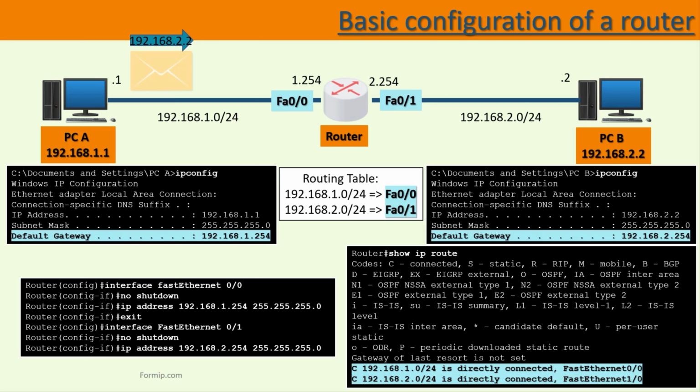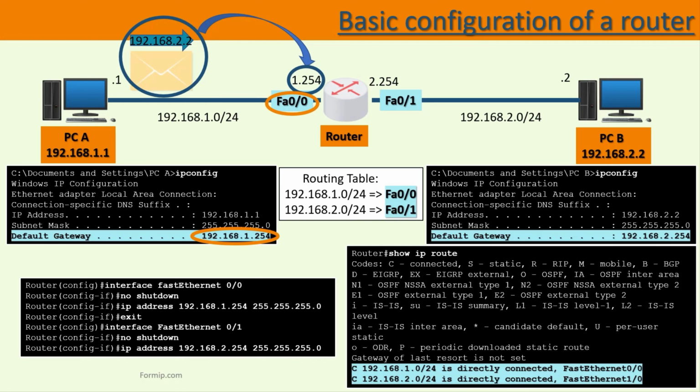As PCA realizes that this IP is not part of its own network, it sends it to its default gateway, that is, address 192.168.1.254, which corresponds to the router's 0/0 interface.